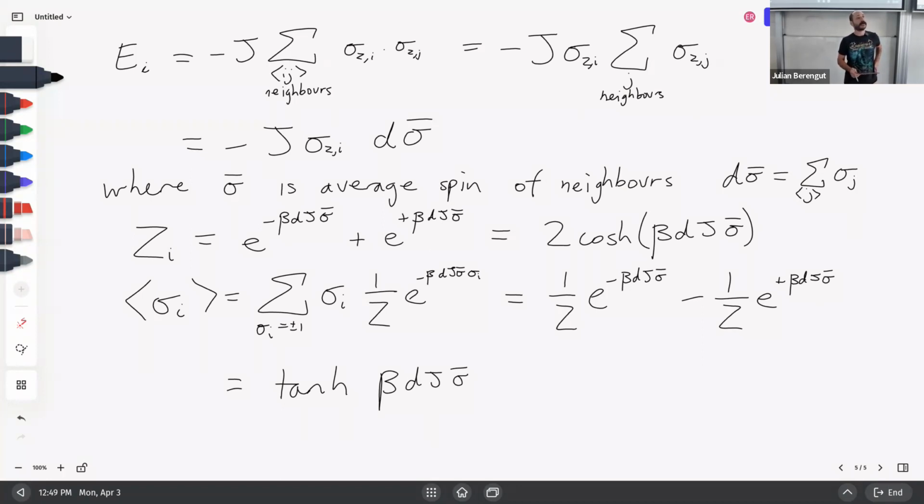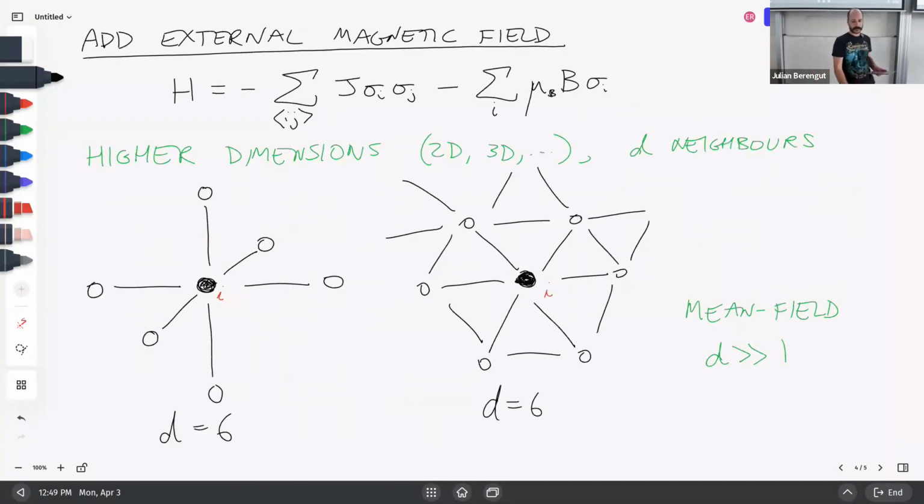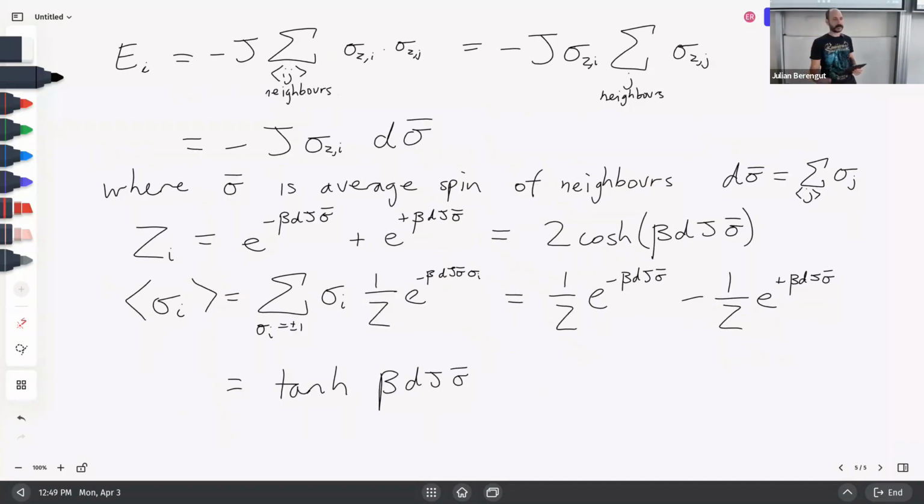You said the sigma bar is the average for the neighbors. Here's D equals 6, and D equals 4 for a square lattice. So with this definition, I've got a sum over things equals D times the average.